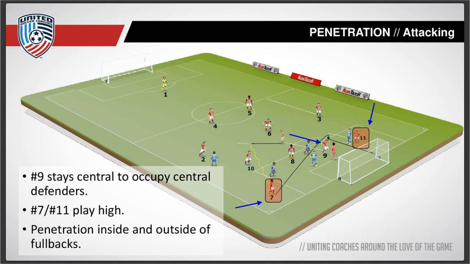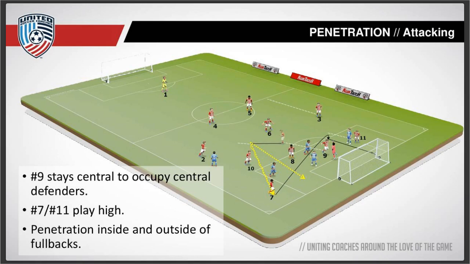Of course, the service could come from other places deeper in the field through the center, but a very effective and direct way to play this type of formation and system is to get the ball wide, get it in high positions, and then make services into the box, in this case from the right side, where the number 9 can attack it, possibly a midfielder can attack it, and even the weak side midfielder can come in and attack it.